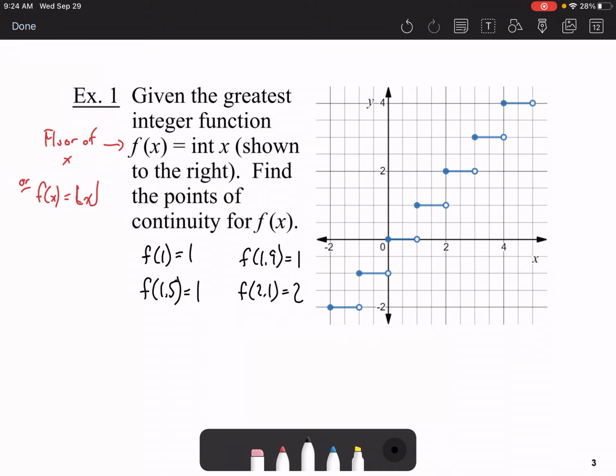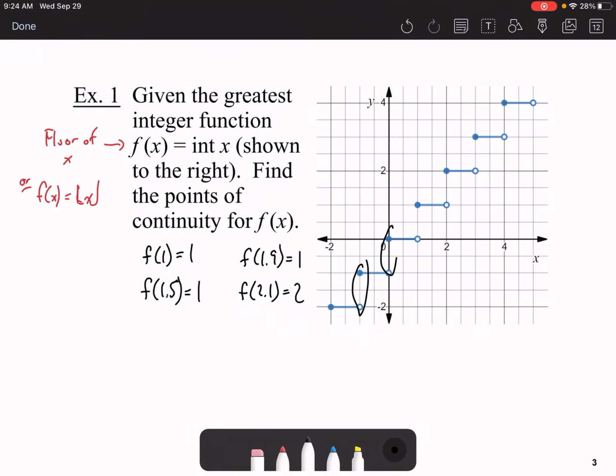So what you can see right here is we have various different spots where this function jumps from one value to another. As the limits don't turn out to be equal to each other, it's discontinuous for x values that are integers.